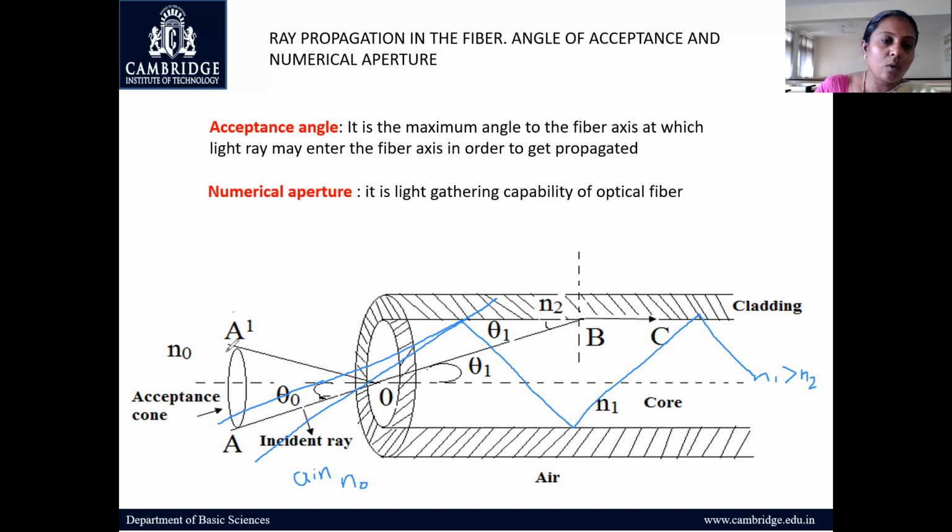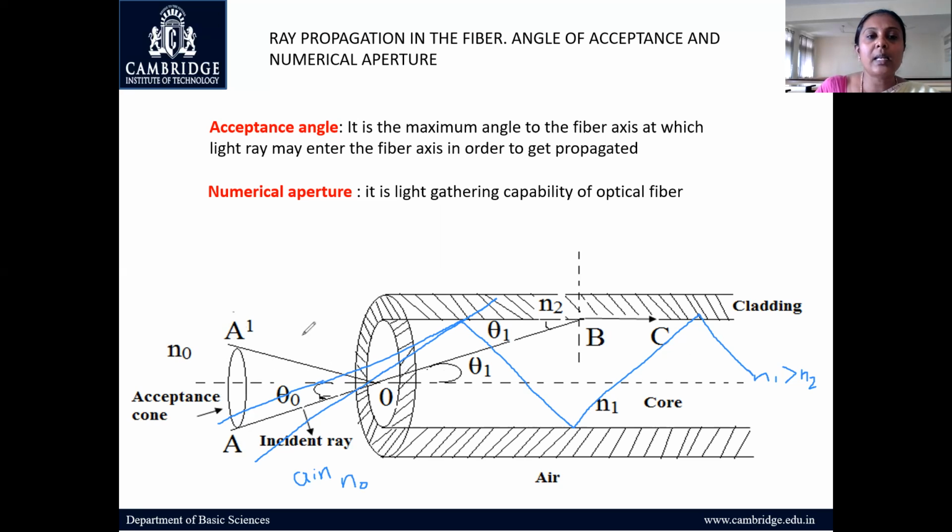Within that cone shape, any ray of light incident will get funneled and pass through the optical fiber and undergo total internal reflection, so that it doesn't lose any intensity while propagating through the optical fiber.